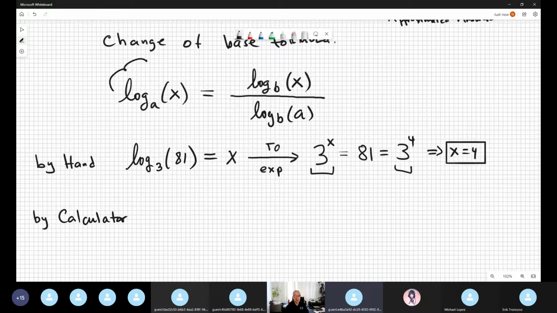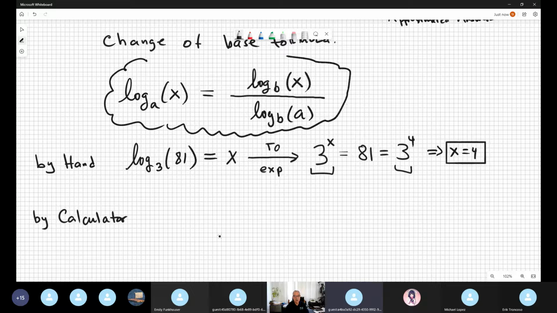By the way, the name is change of base formula. In the original problem I have a non-standard base, 3. However, in my calculator we have two standard bases, common and natural. Suppose I decide to apply common.